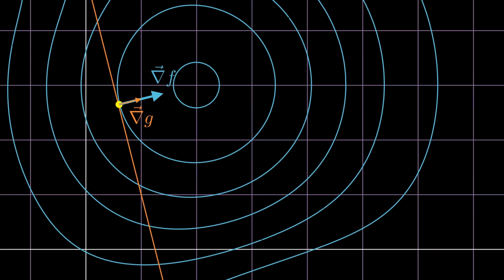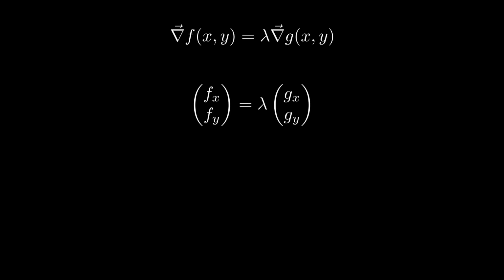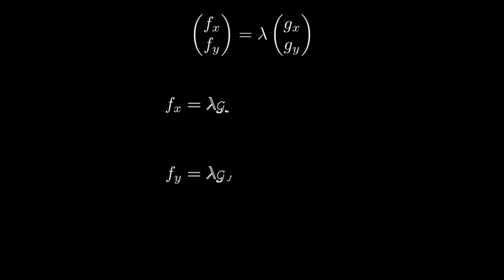This means that the gradient vectors are parallel at this maximum constraint value, which allows us to equate them through some constant parameter lambda. This can also be expressed in vector form, which is worth doing to see how the partial derivatives of each function relate to each other. We can further separate this into two equations, where both equations are made from partial derivatives with respect to x and y individually.